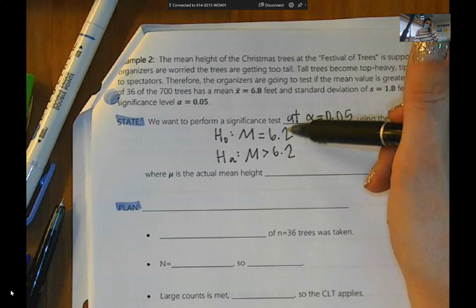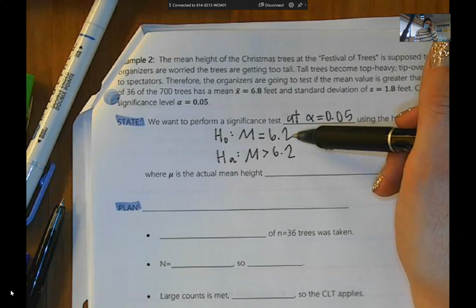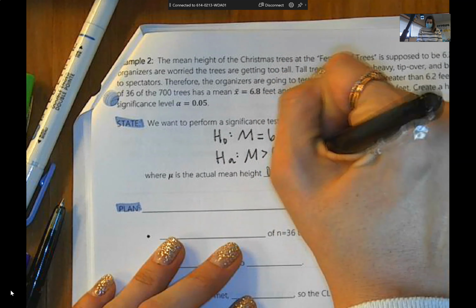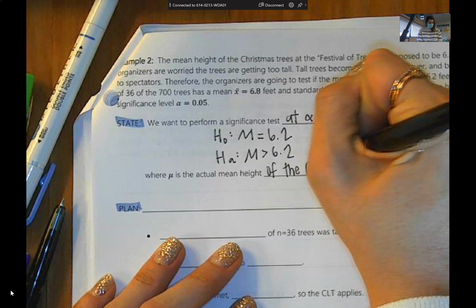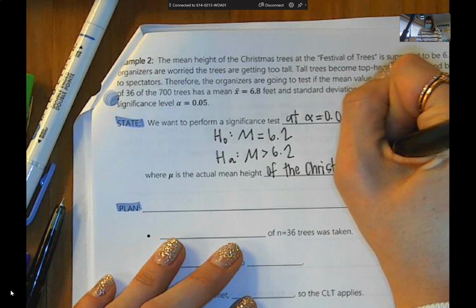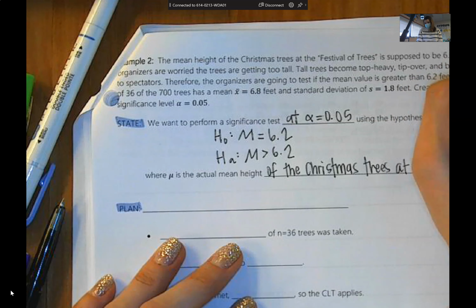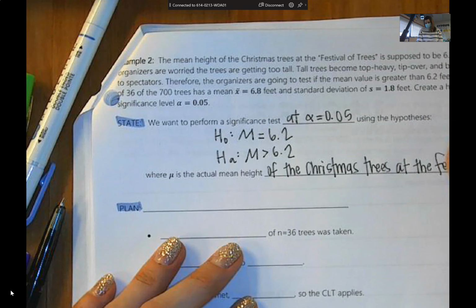Notice those numbers are the same, 6.2. Where mu is the actual mean height of the Christmas trees at the festival.